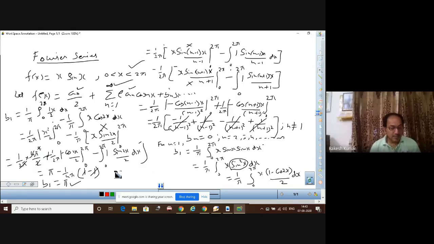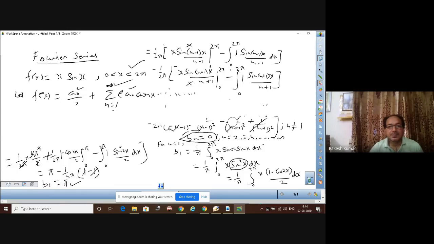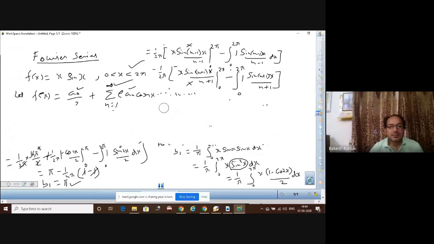This is the particular case of finding the value of bn for n equal to 1. Remember, the value of bn was 0. So now you can substitute all these values in equation number 1. This was your equation number 1. Let us again write it: f(x) equals a0 plus sum of an cos nx plus sum of bn sin nx.